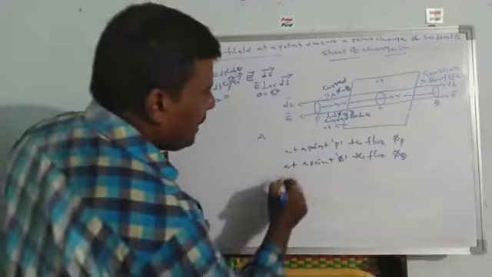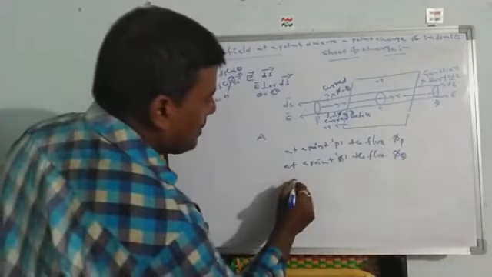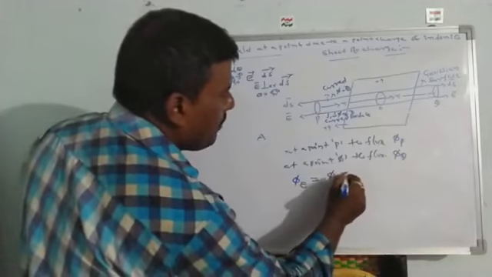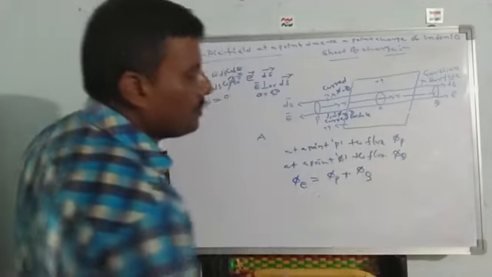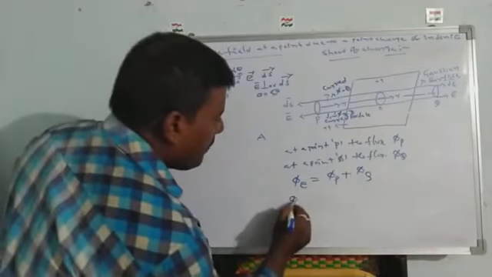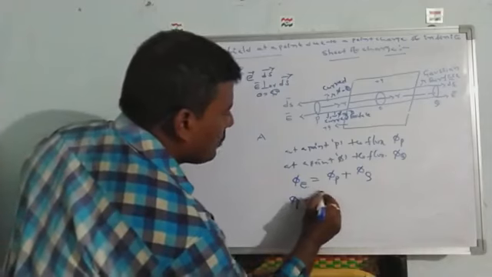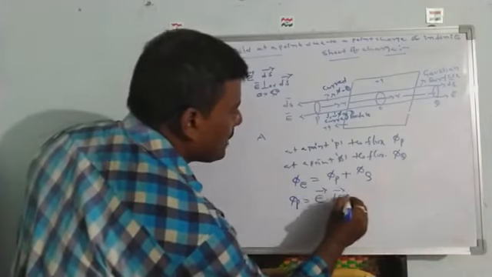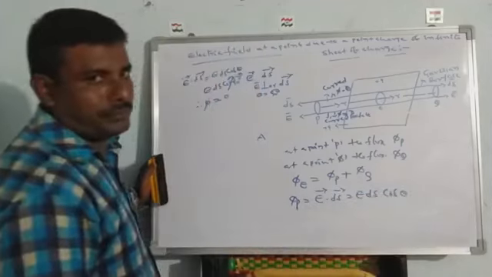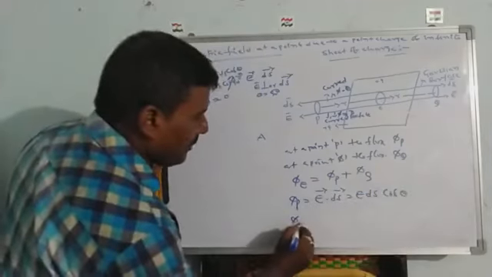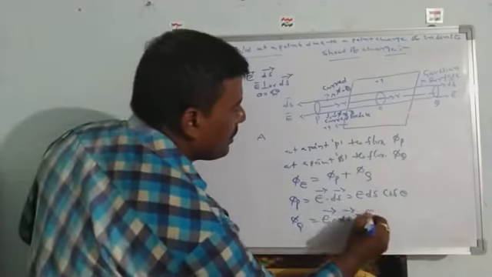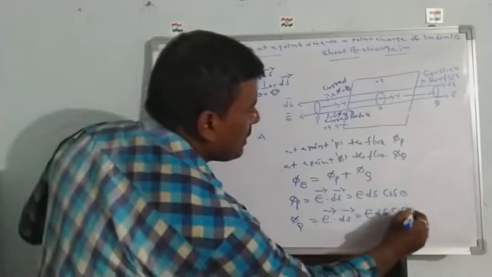So the total flux through the Gaussian surface is phi E equals phi P plus phi Q. Phi P equals E bar dot ds bar, that is E ds cos theta. Similarly, phi Q equals E bar dot ds bar, that is E ds cos theta.